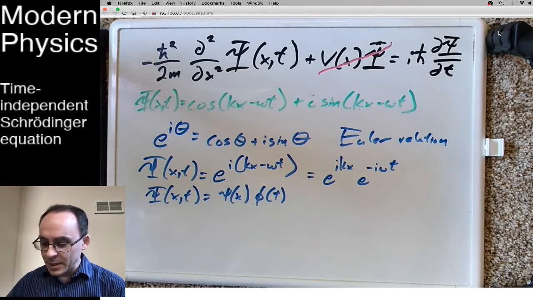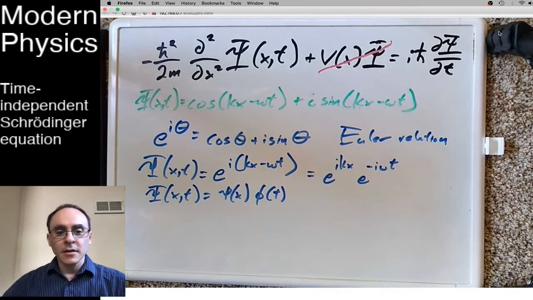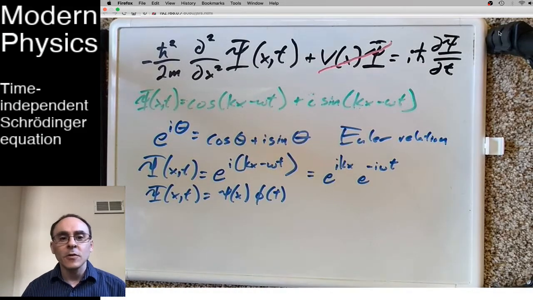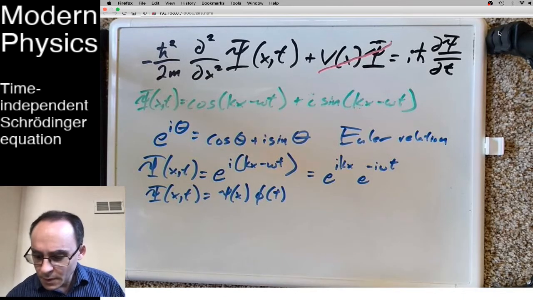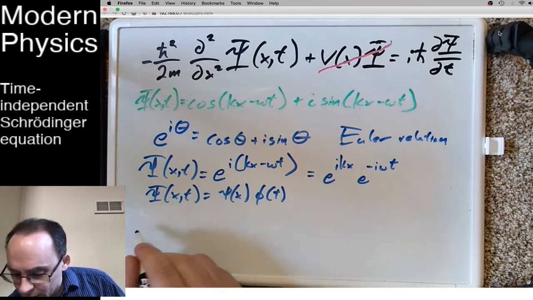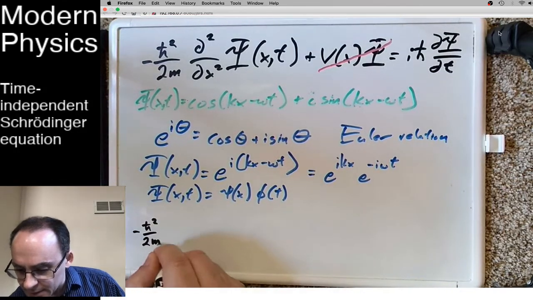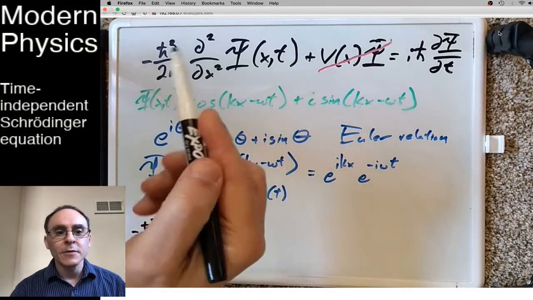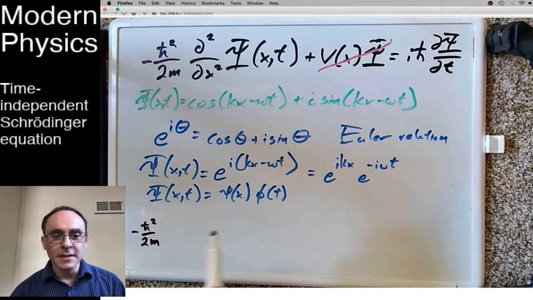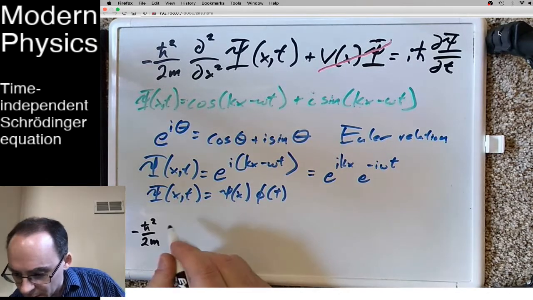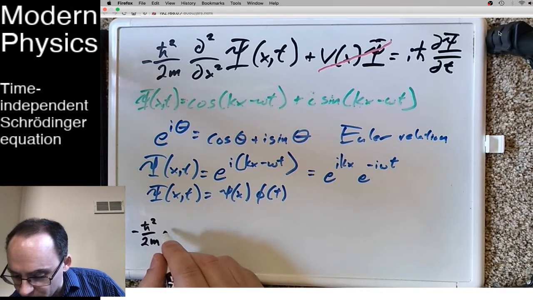So I wanted to pick up there and just write out, if we do that, what does this original Schrödinger equation look like? So there, let me go at it. The point there is that if I take the derivative with respect to space twice, that only affects the space-dependent part. It doesn't affect the time-dependent part. So I can kind of pull that out.